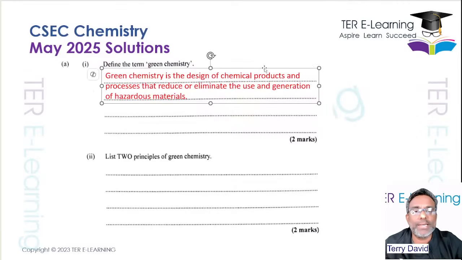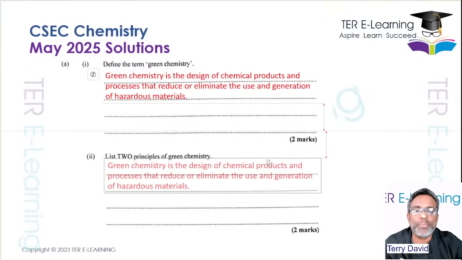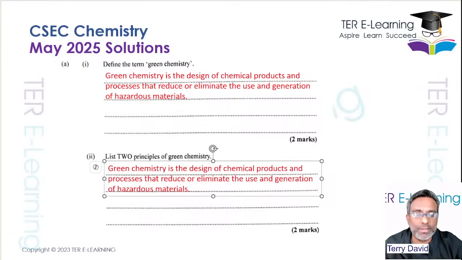The next part says to list 2 principles of green chemistry. Well, they made it kind of easy here because when it comes to green chemistry, we have basically 12 principles of green chemistry, and you have a choice. You can decide which one you want to use.